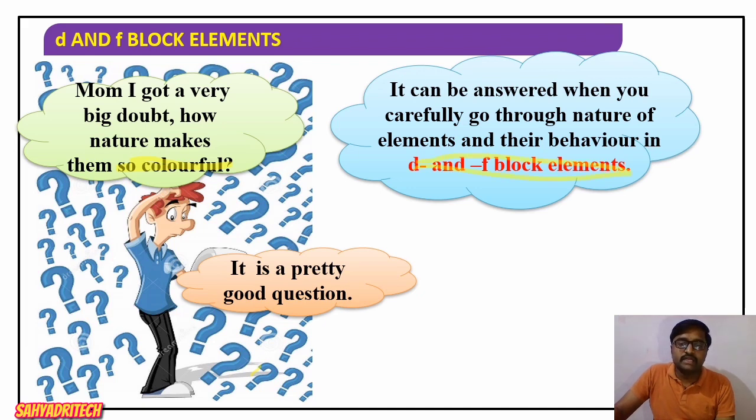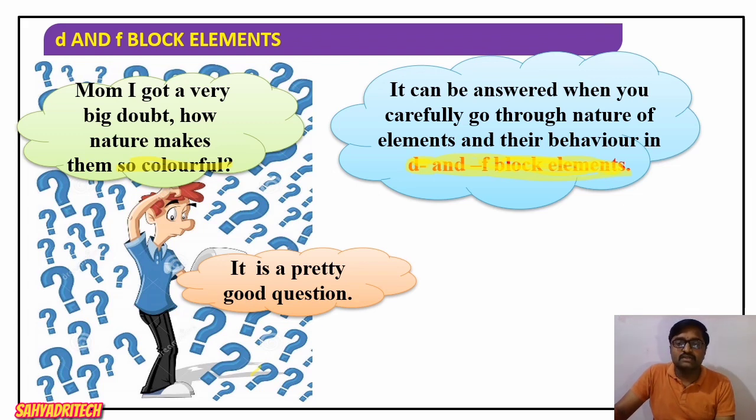If you study the d and f block elements, their physical as well as chemical properties, or you can say the behavior of these elements, we can answer such questions. Why is nature so pretty or so colorful? It is because of the properties exhibited by the d and f block elements present in the universe.